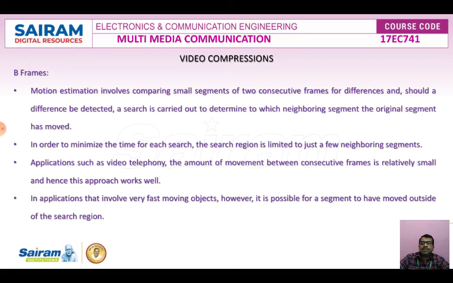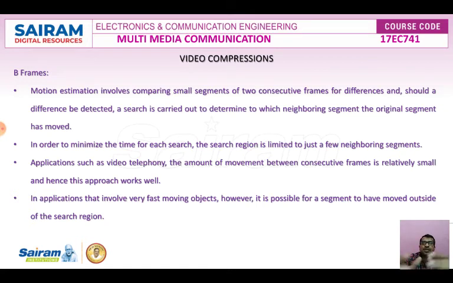Next one is the B-frame. In that, the motion estimation involves comparing small segments of two consecutive frames for differences, and the differences are detected, and a search is carried out to determine to which neighboring segment the original segment has moved. In order to minimize the time for each search, the search region is limited to a few neighboring segments.